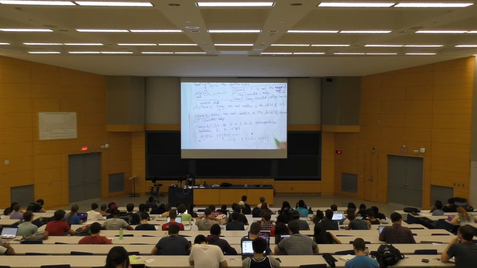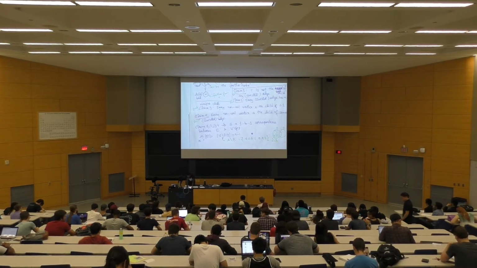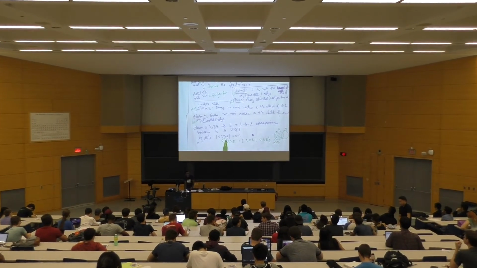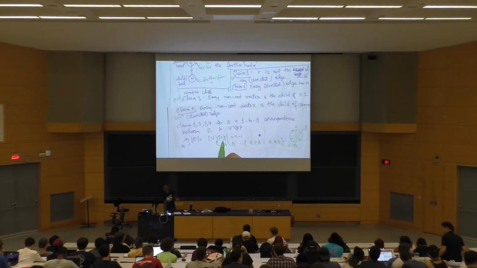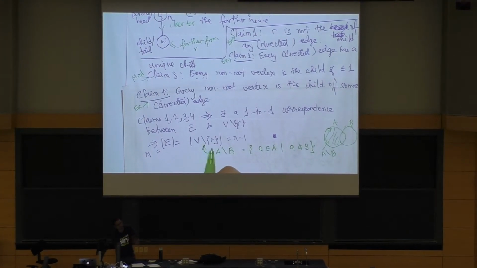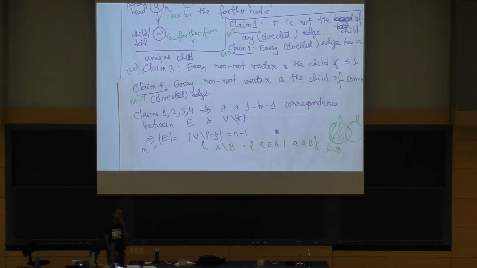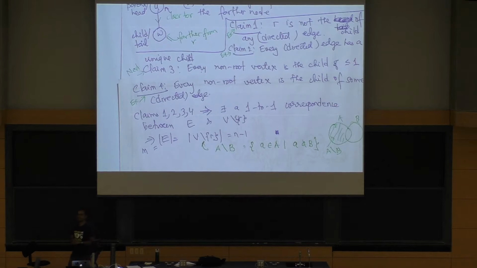So if you look at the Venn diagram of A and B, this is A minus B. This just means it's a singleton set which has only R inside it. So what this is saying is a set of all vertices except R. Any other questions?